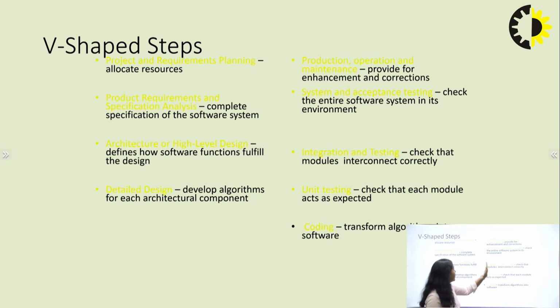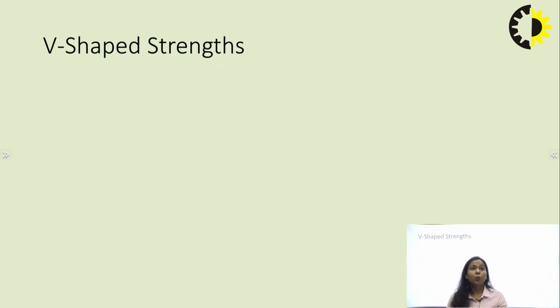Finally, when all the testing is done in parallel with the system, that means we can perform the coding, and this helps in removing the disadvantage of the waterfall model. In the waterfall model, we have the very big task of performing the integration at the end of the phase, which is reduced when we use the V-shaped SDLC model. Now, what are the strengths of the V-shaped model?